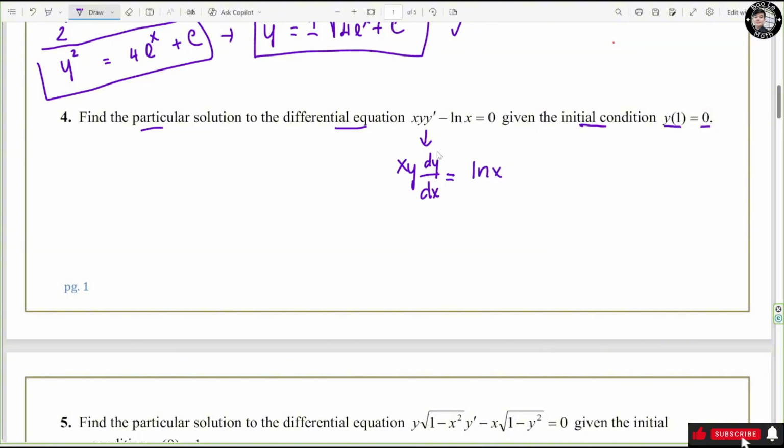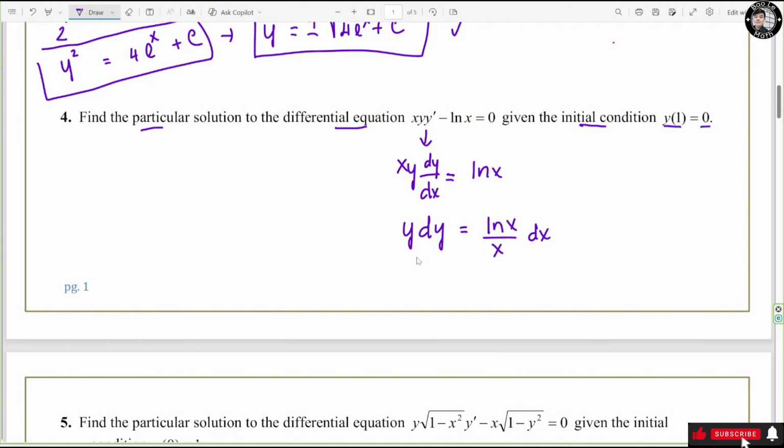Now we're going to separate the variables by multiplying both sides by dx over x. So it's going to be y dy equals ln x over x dx.